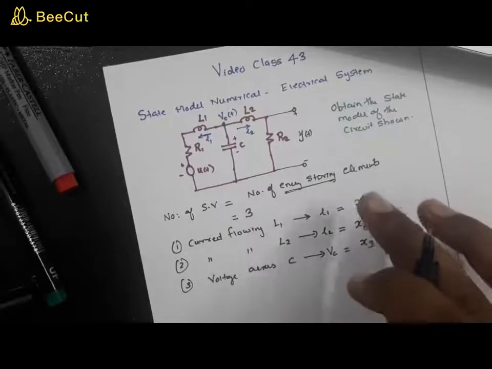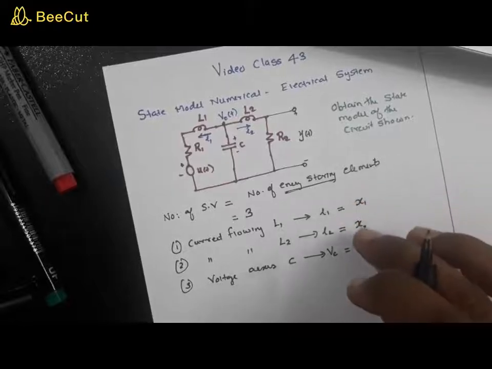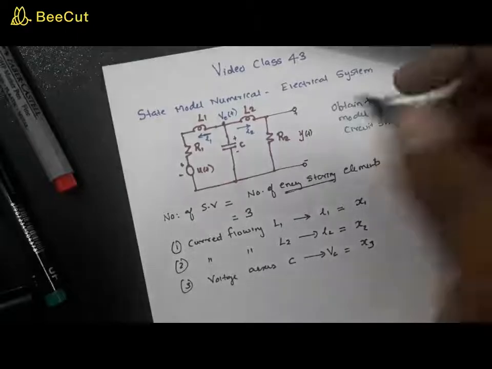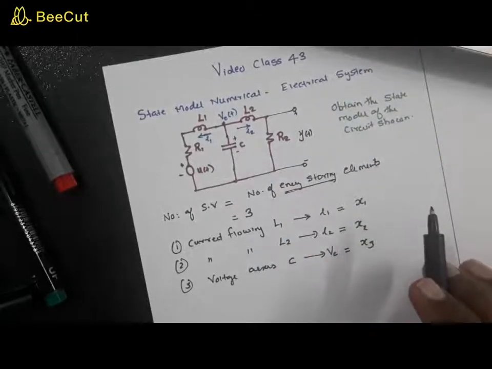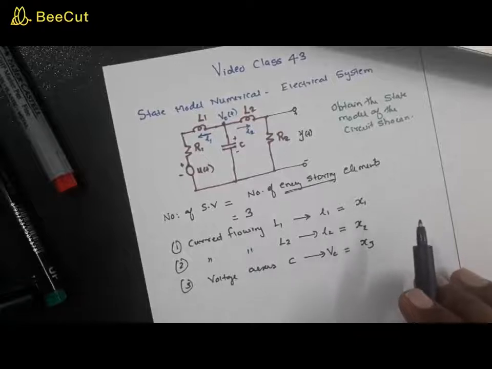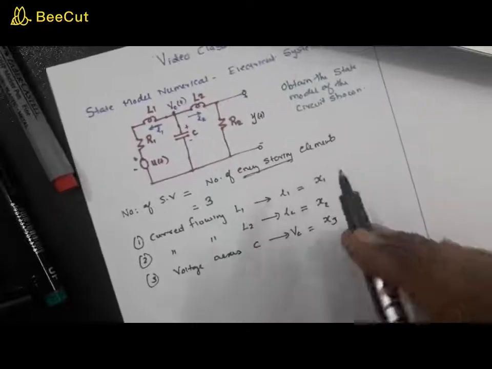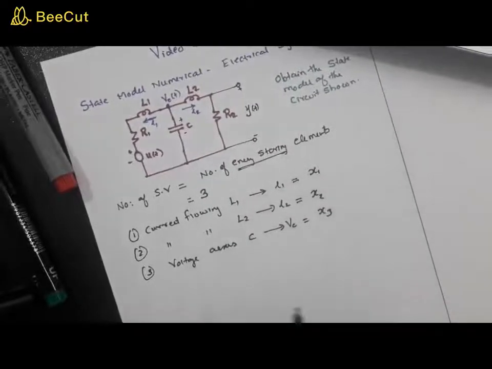There we used the phase state variables, while in this type of problem, especially in electrical systems, we will be utilizing the physical state variables. So the physical variables will be assigned as the state variables. So you have three state variables, x1, x2 and x3.